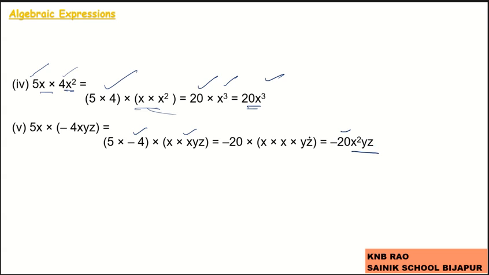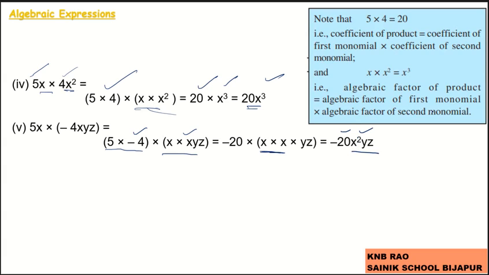So, children, it is easy that we are taking the numerical portion separately and multiplying them, variable portion separately and multiplying them, and when we are multiplying variable portions, the product of a variable by itself for the number of times comes as the power. So, since x is multiplied by itself 2 times, here you are getting x square.